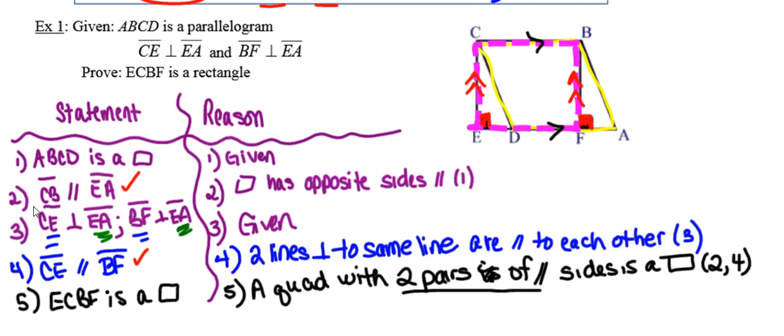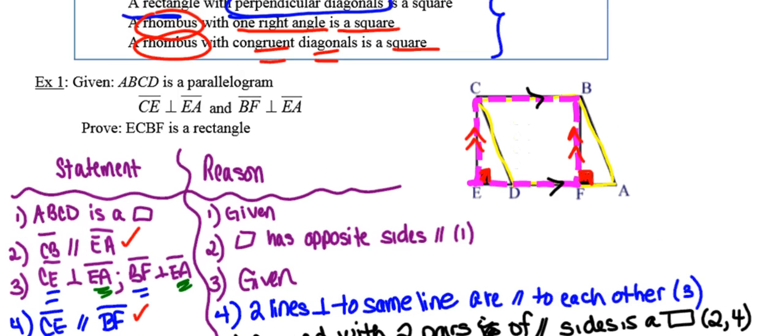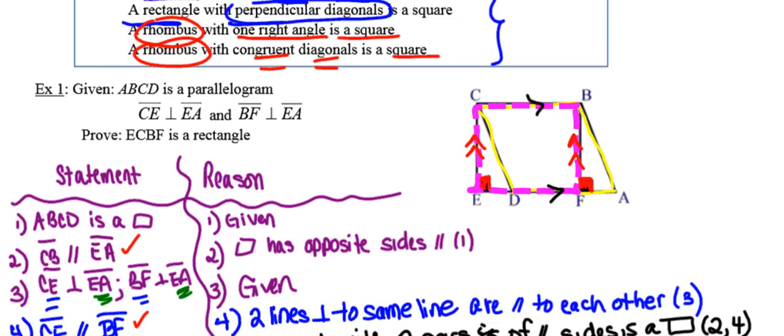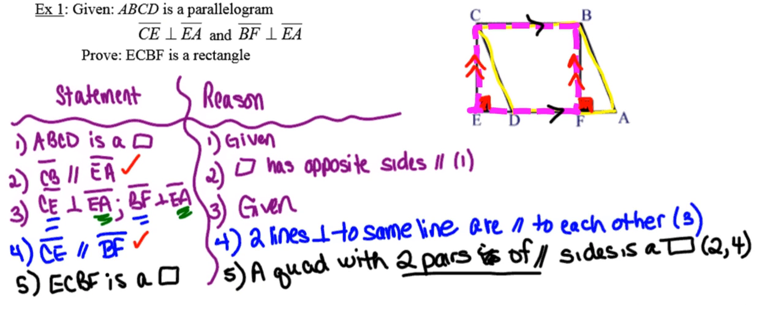All right, at this point I've got a parallelogram, and if I sneak a peek up to the top to how to prove something's a rectangle, the second reason in that list says if I can show that just one angle is a right angle, that's going to turn my parallelogram into a rectangle. Well, I notice that this angle at E is a right angle because of the perpendicular lines. So that's going to be the direction that I'm going to go next in my proof.